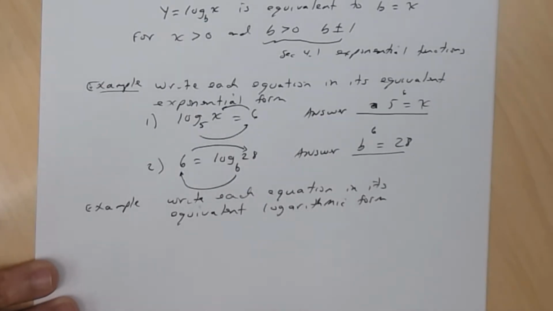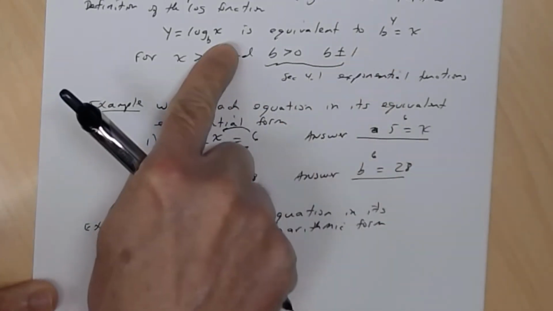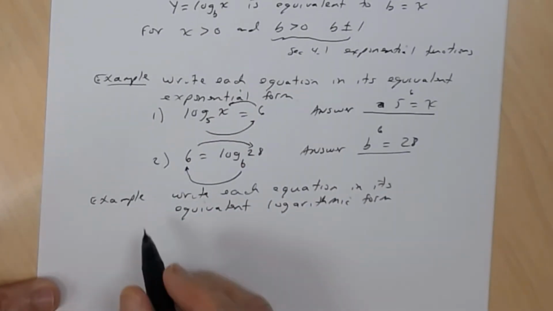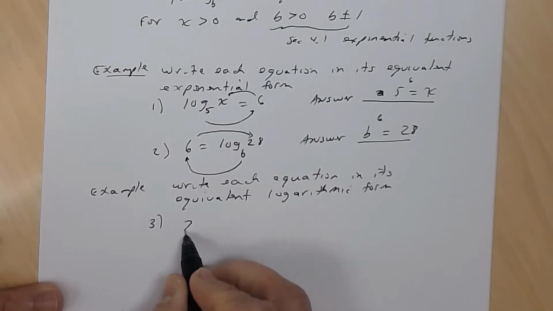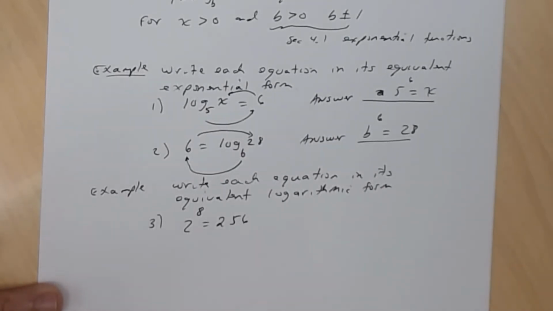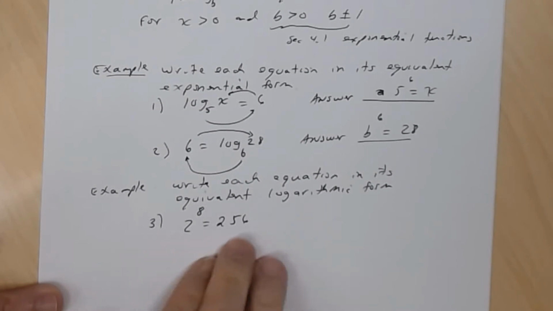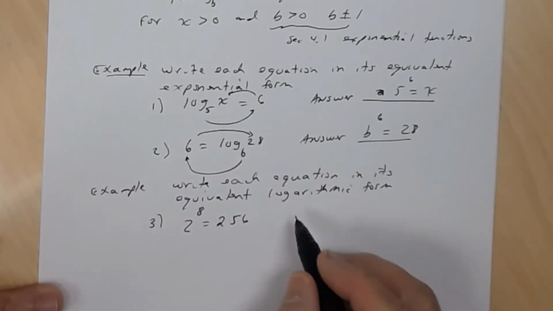So now I'm going to go this way. Okay, so number 3, let's suppose we had 2 to the 8th is equal to 256. And that's a true statement. If you take your calculator and do 2 to the 8th, you're going to get 256. But I want to write this as a log equation.